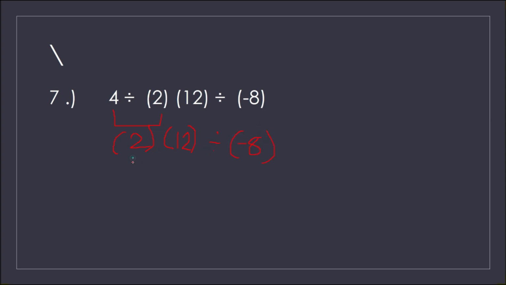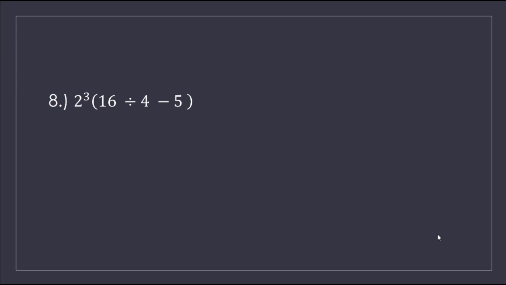So we do 2 times 12, which gives us positive 24, and then divided by negative 8. 24 divided by negative 8 has different signs, so the answer would be negative. Then 24 divided by 8, how many 8s are there in 24? There are 3 of them, so our answer is negative 3.